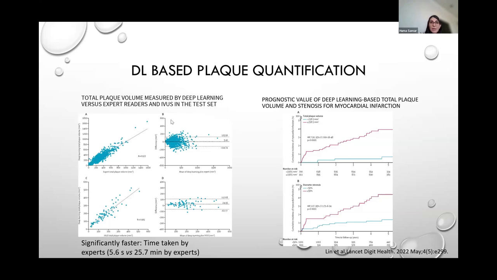And these deep learning-based plaque quantification software have been studied against expert plaque quantification, also against IVUS plaque quantification. And IVUS currently is the preferred test for plaque quantification in the coronaries. And these deep learning-based plaque quantification metrics, again, did show evidence of having prognostic value, with a higher incidence of poor outcomes in patients that had higher plaque volumes.